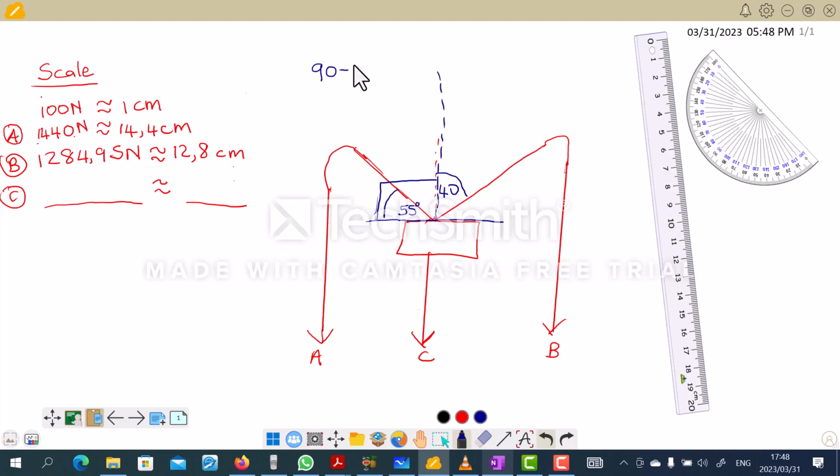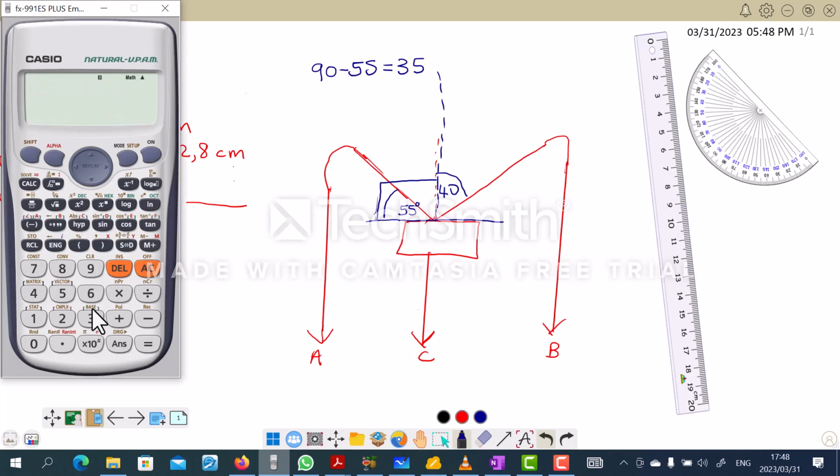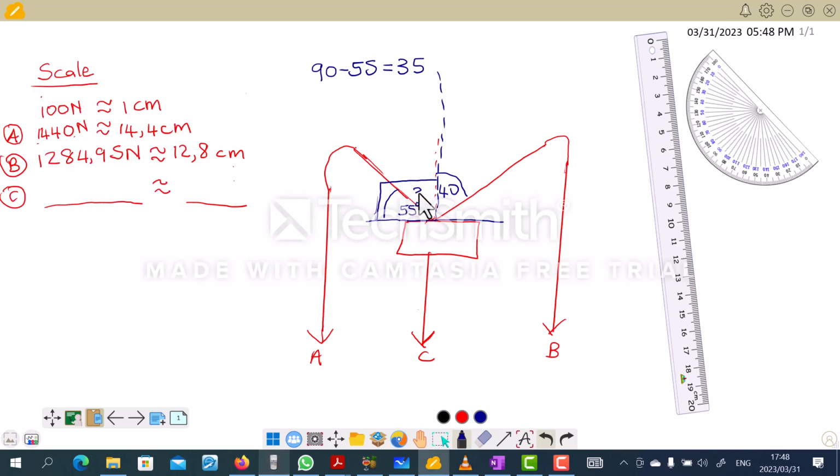It's like we have 90 minus 55. I think it's going to be 35. Am I correct? Let's check on our calculator. I'm not good in maths. So 90 minus 55, yeah, it's 35. So we are correct there. The angle is 35 degrees.